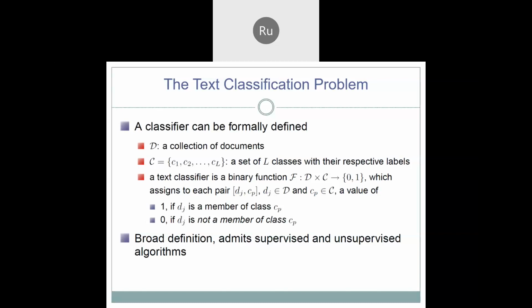By having a collection of documents and these predefined classes, you need to find a function mapping that can map the documents into the classes that you have.